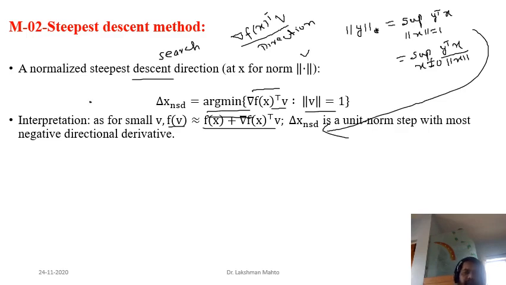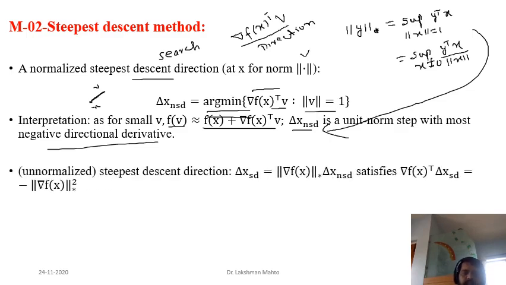Suppose you are at point x, the current point, then you select a direction v, and you arrive here in direction v like this. At this point f of x plus v would be very near to this linear approximation, and in that perspective, what we call the normalized steepest descent direction is the unit norm step with the most negative directional derivative. This one is the most negative directional derivative.